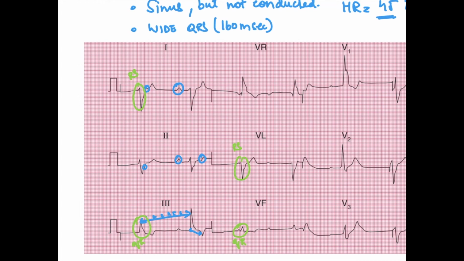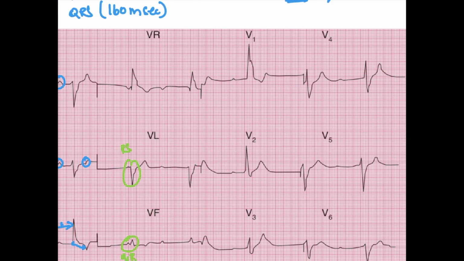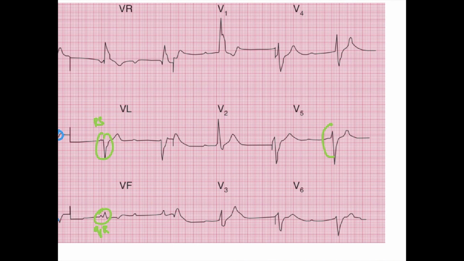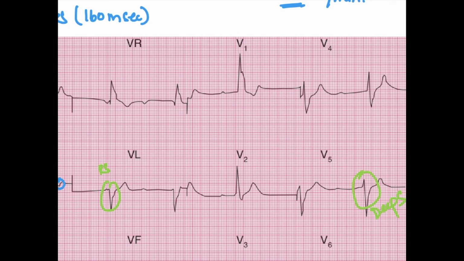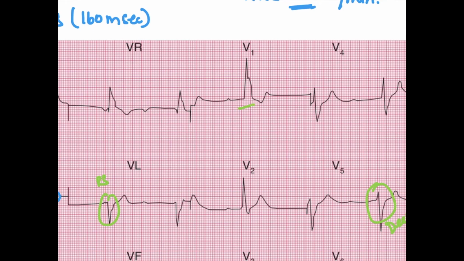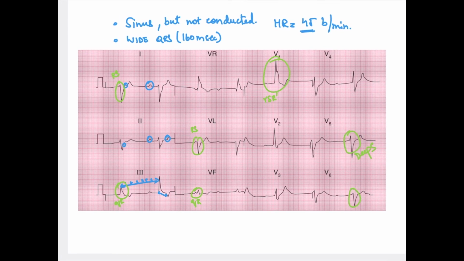So okay, let's check the precordial leads, which are the chest leads, where you can find a deep S wave in V5 and V6. You see a deep S wave in V5 and V6, and a kind of split RSR pattern in V1. It's like an M pattern, right?